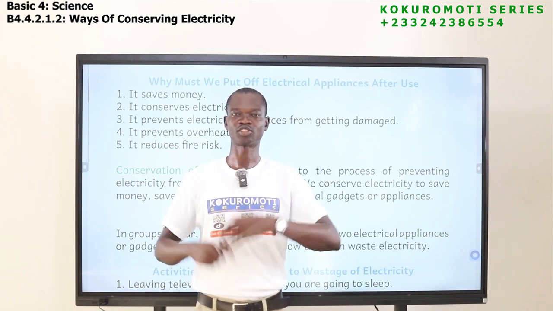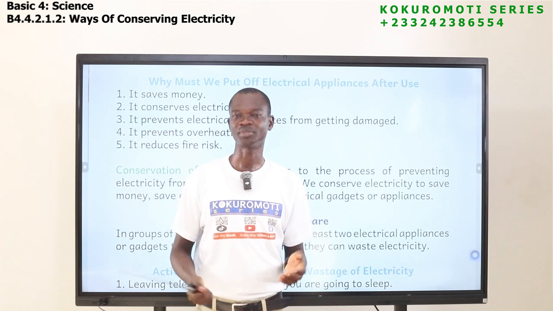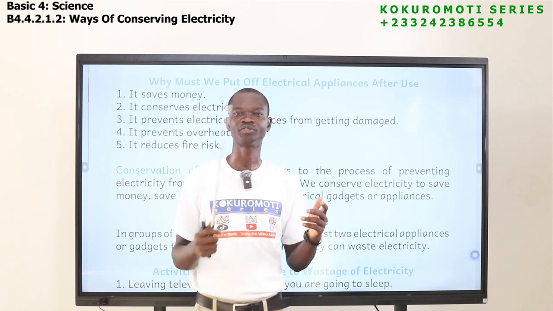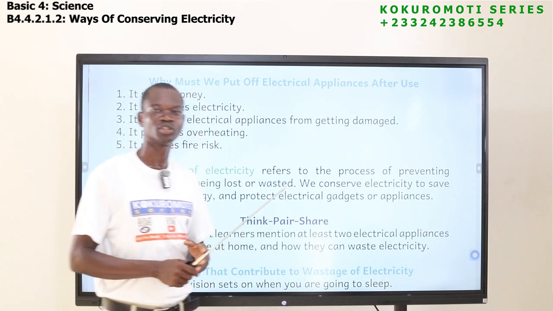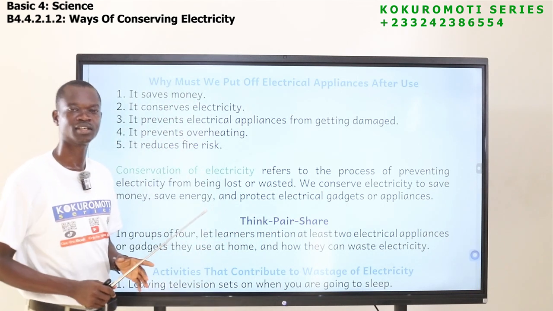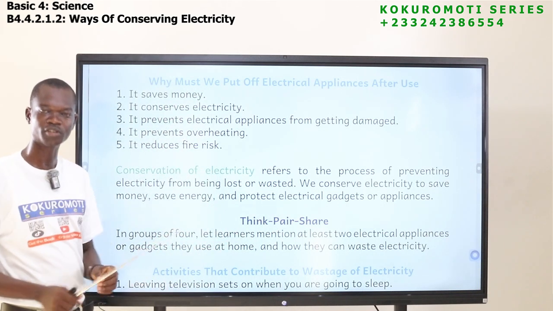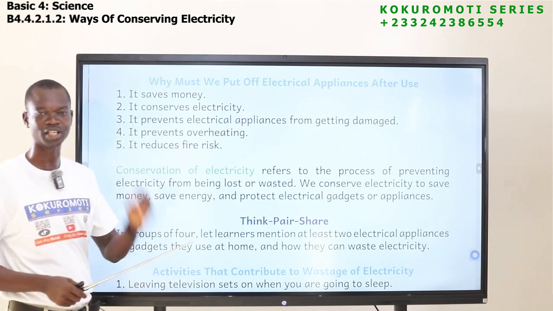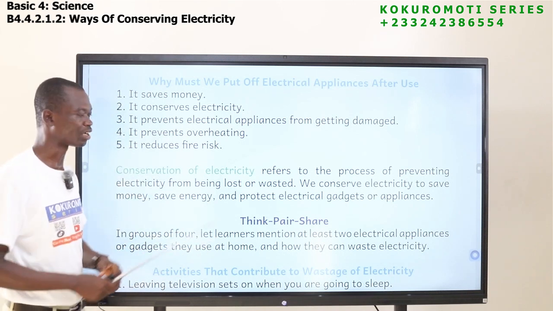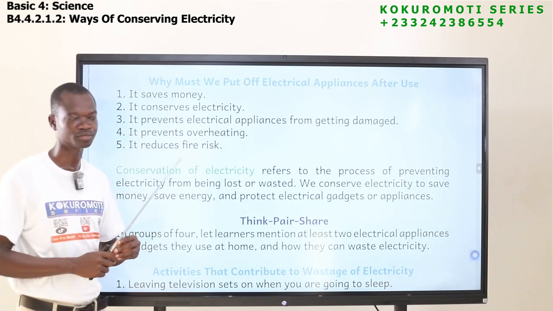The TV is on. It can be damaged. So if you want our electrical appliances to work well for us, if you don't want them to get damaged or spoiled, what we have to do is to make sure all the time when they are not in use, we put them off.